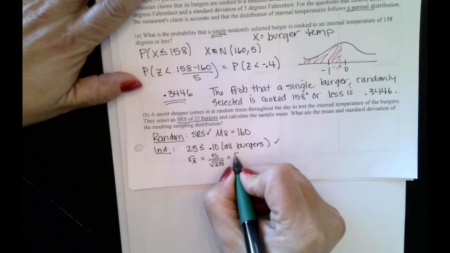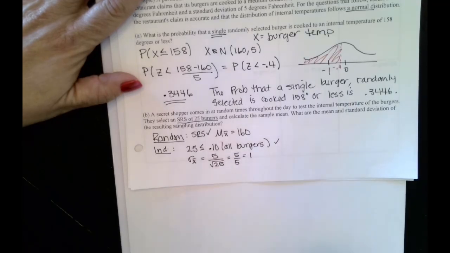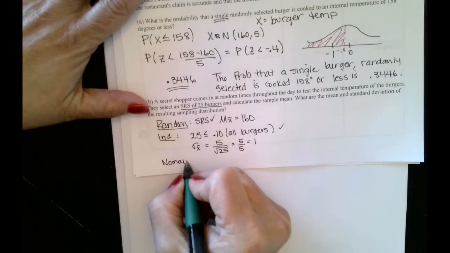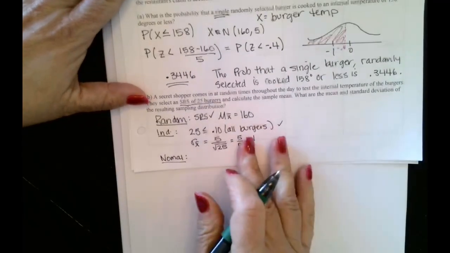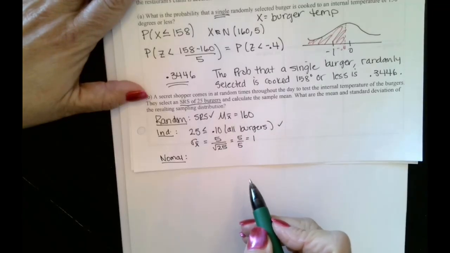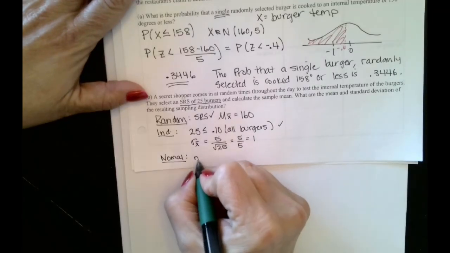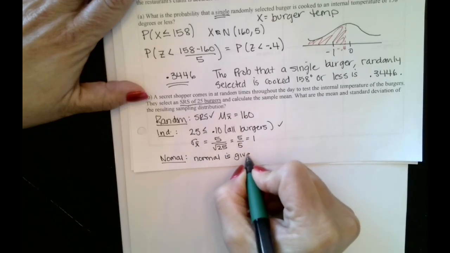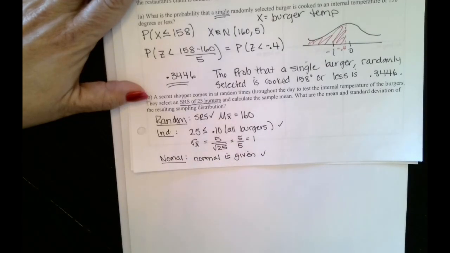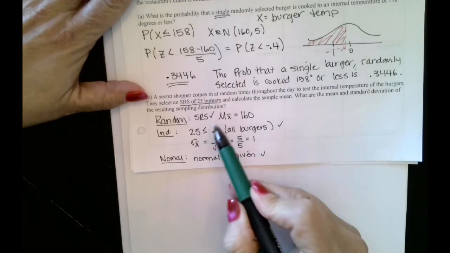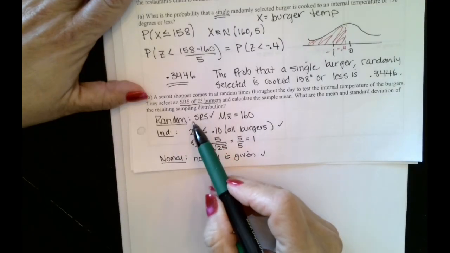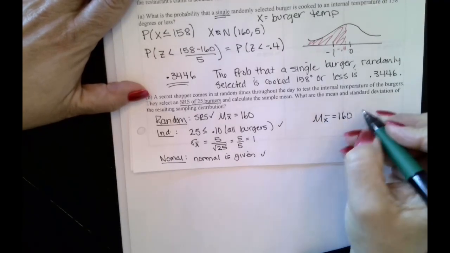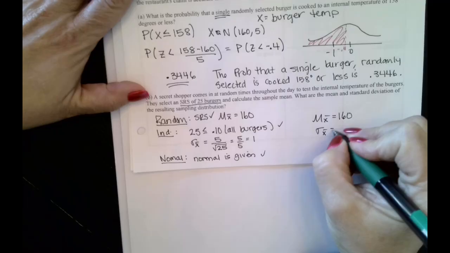So this is 5 over 5, so my standard deviation is 1. Last, is this normal? It tells me in here that it is normal, so normal is given. So my mean is going to be 160, and my standard deviation is going to be 1.